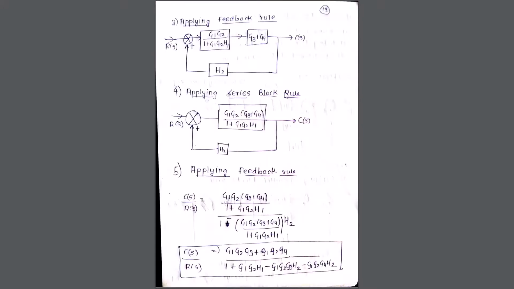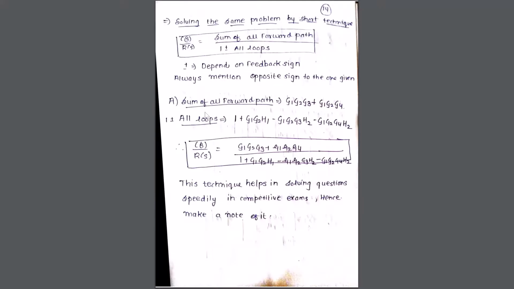Hence, we have G1, G2 upon 1 plus G1, G2, H1 because we have to use opposite sign of what the feedback sign is. Again, they are in series. Again, we are going to multiply this block with this block. Again, it's going to be a feedback system. Hence, this upon 1 minus because of plus, this into this, and try to find out the answer.